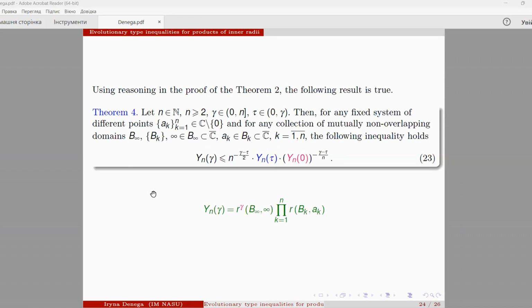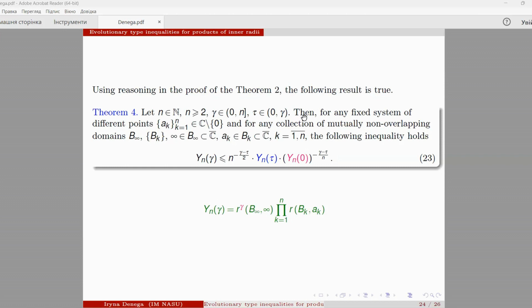Similarly to the proof of theorem 2, the following result is true for the functional H_n of gamma. Theorem 4. Let n be a natural number, n more than 2, gamma from the interval (0, n) and tau from the interval (0, gamma).